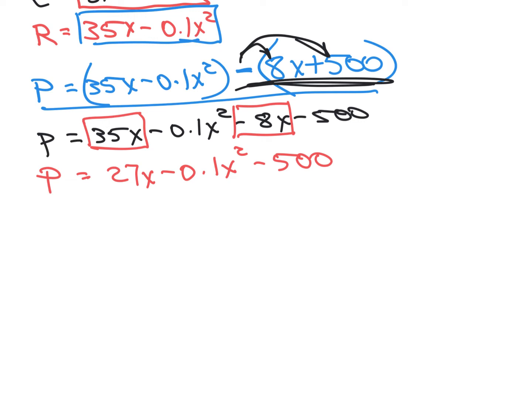So there is our simplified formula. And what does it say here? How much profit will the company make if they produce and sell 100 copies? Well, that 100 goes in for x, because earlier it said x equals the number of copies. So let's put that 100 in there every time we see x.